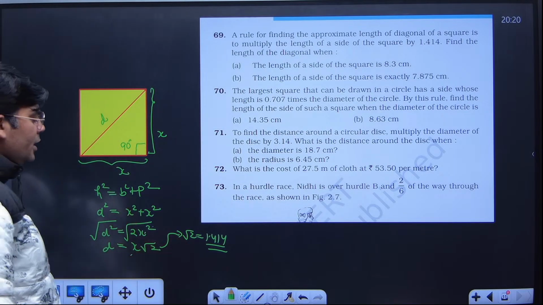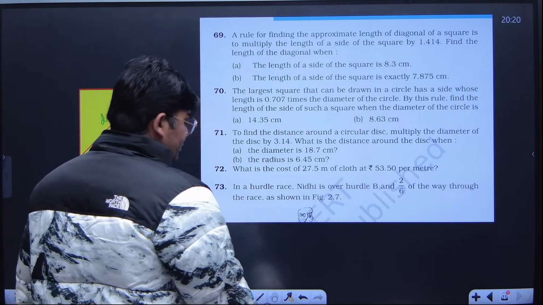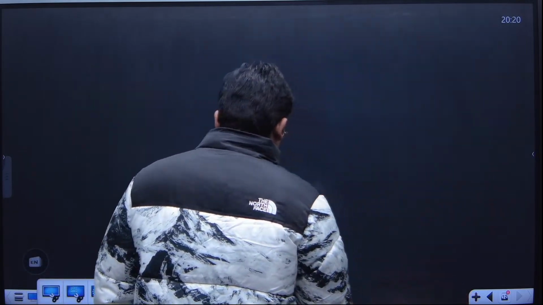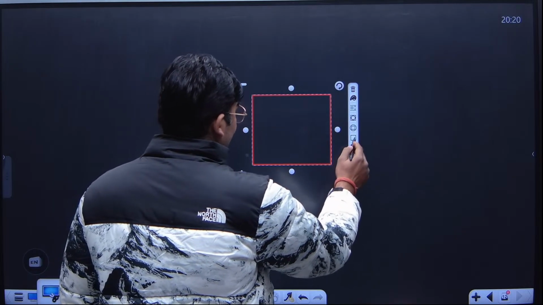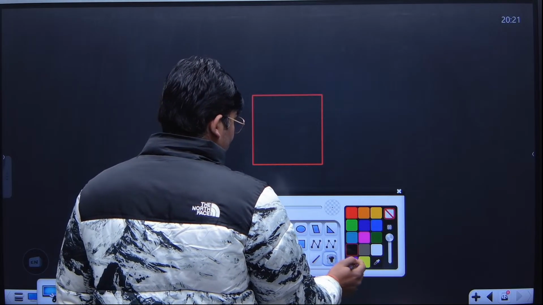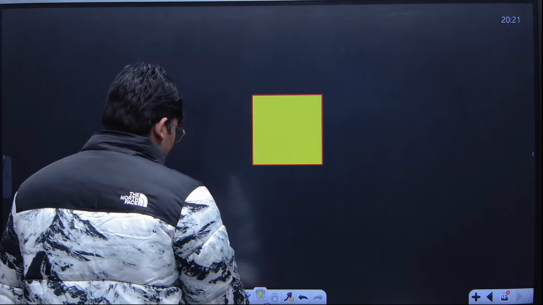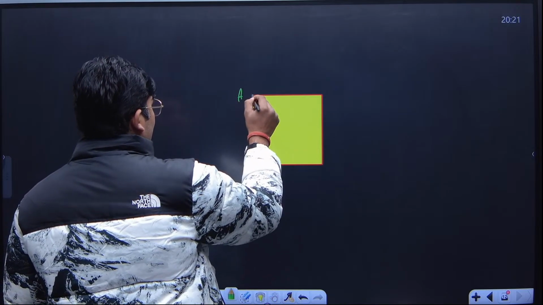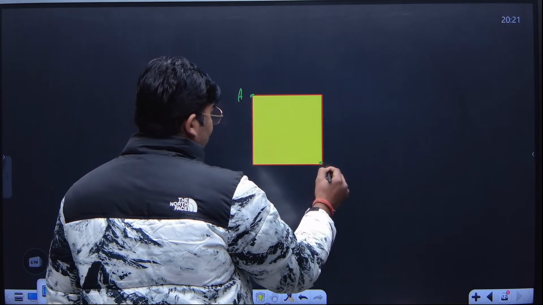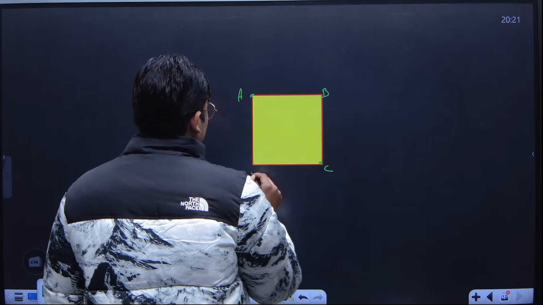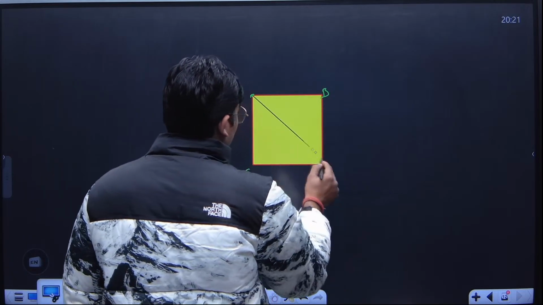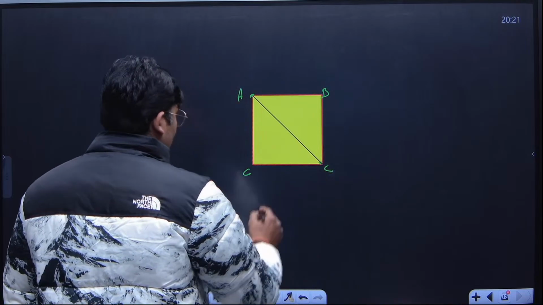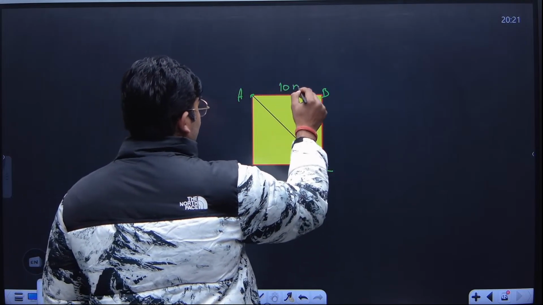Whenever you see a figure like this, in physics also you will find most of the times, if a farmer is running from a point A and reaches point C, they will ask you what is the displacement. I don't know whether you know about displacement or not. Yes, you know? And they will say he follows this.